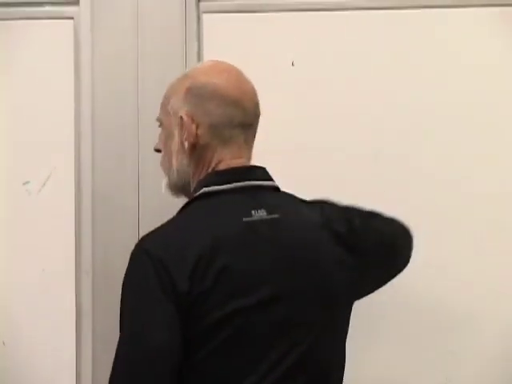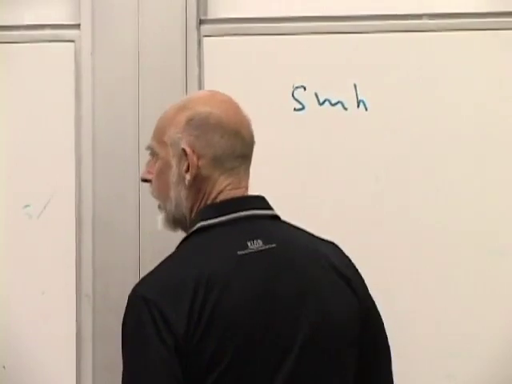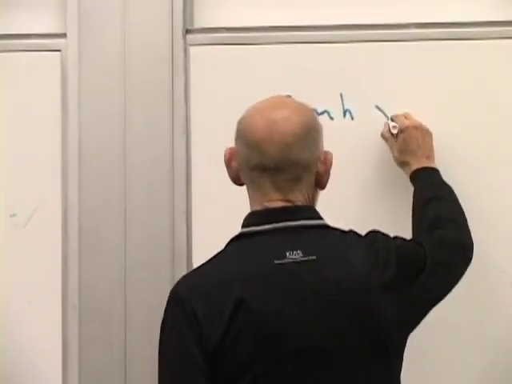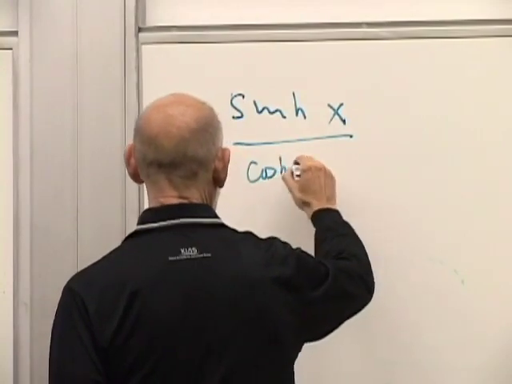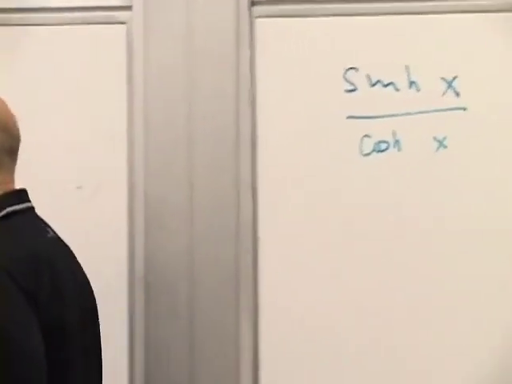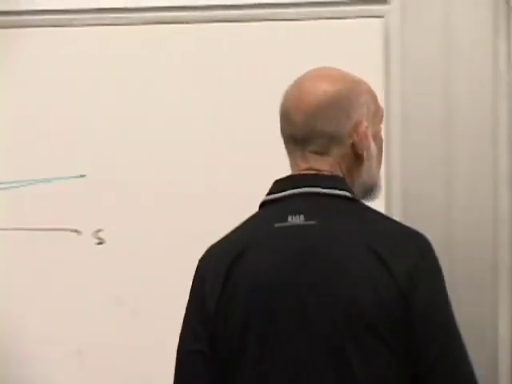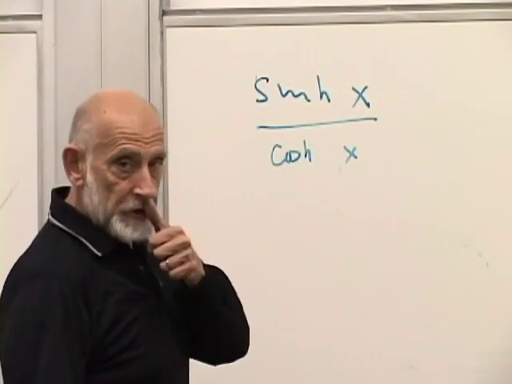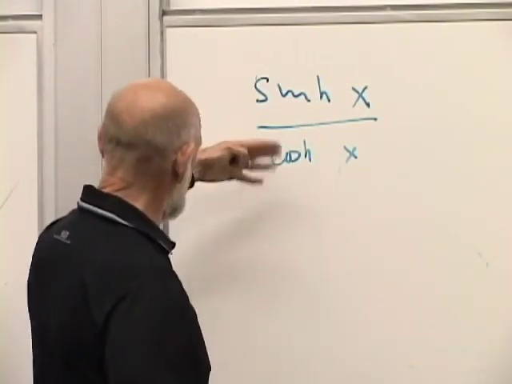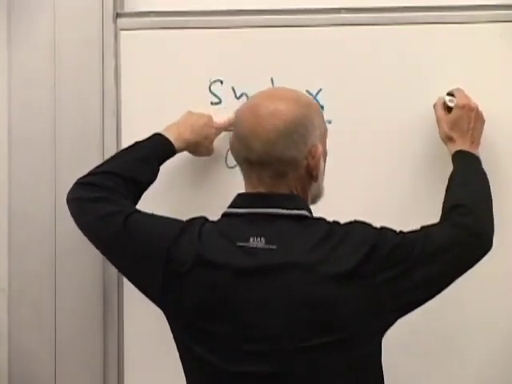What is tanh? Tanh is sinh over cosh, right? Just sinh x over cosh x. We'll differentiate first with respect to x, and then we'll differentiate x with respect to the argument of the tanh, right? Just the usual rule for calculating derivatives. The derivative of sinh is cosh, right? So what's the usual rule? Denominator times the derivative of the numerator.